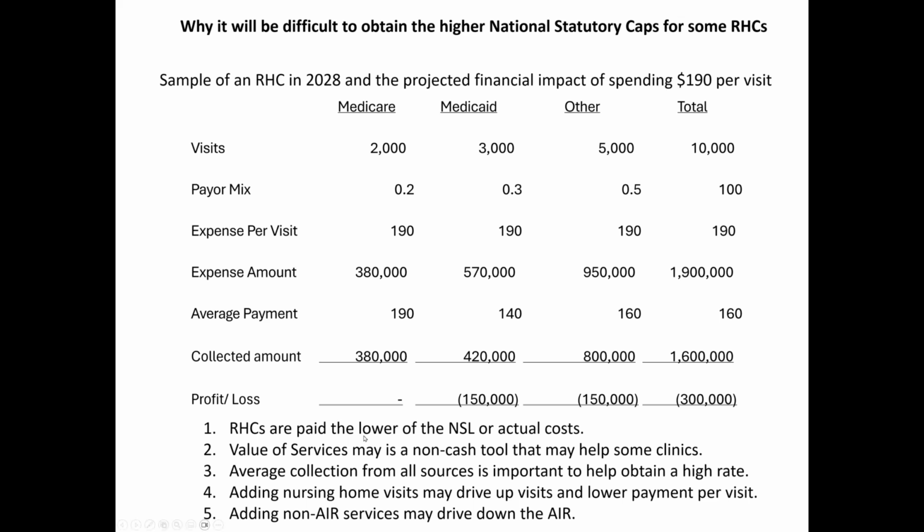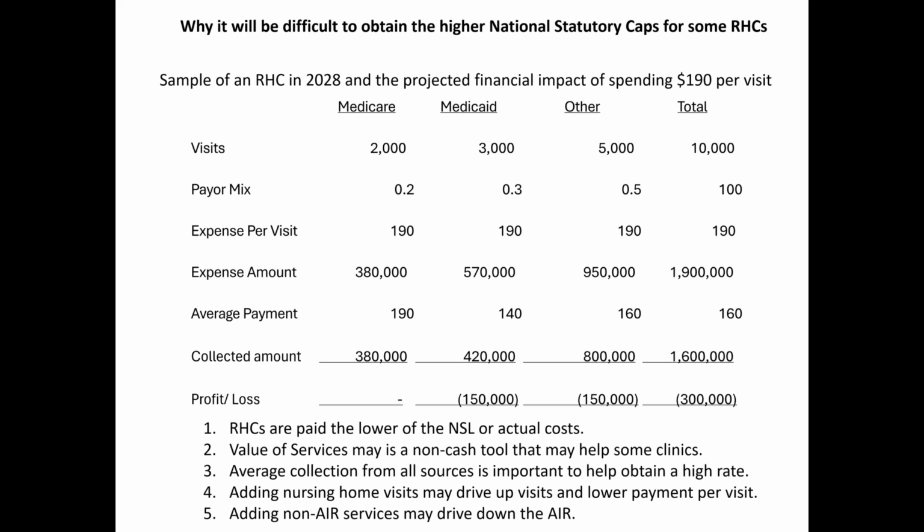So some of the things that we're going to help you with: RHCs are paid at the lower of the national statutory limit or actual cost. Yeah, I've said that 10 times already. Value of services is a non-cash item that you could use to inflate this number here.